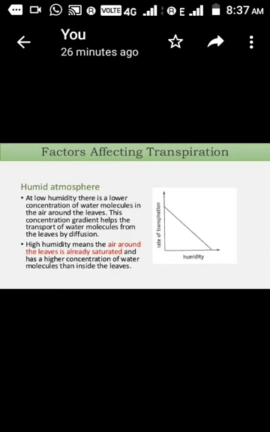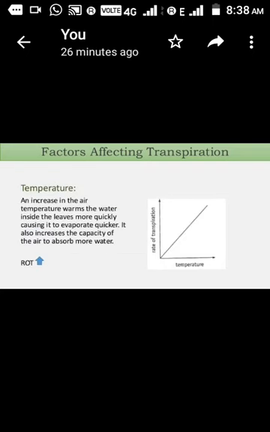The second environmental factor is humidity. We can see in the graph that as you increase the humidity, there is a change in the rate of transpiration. Next one is temperature.